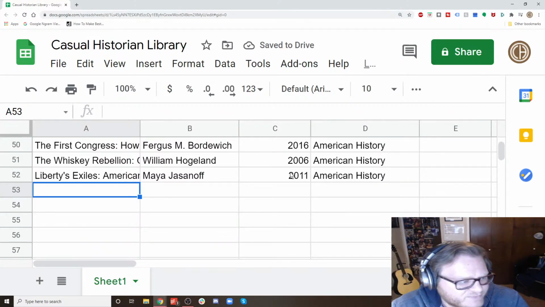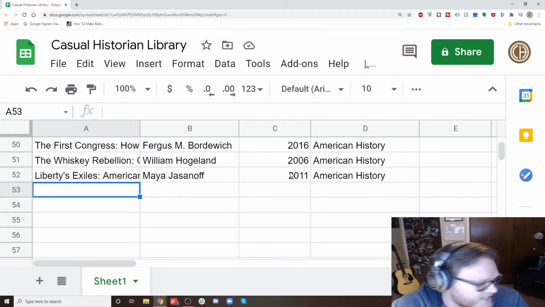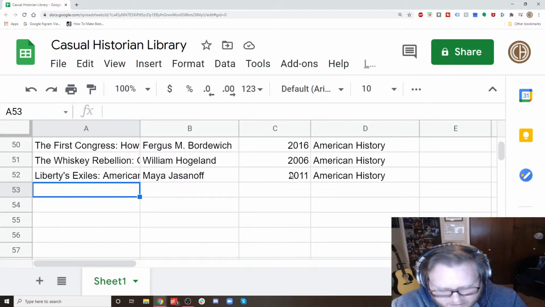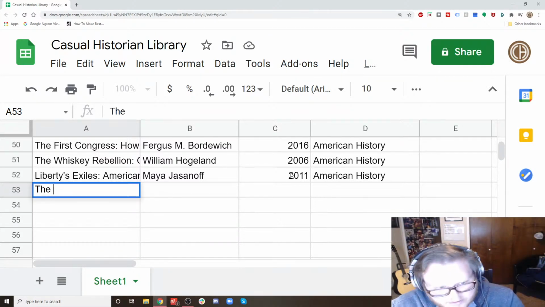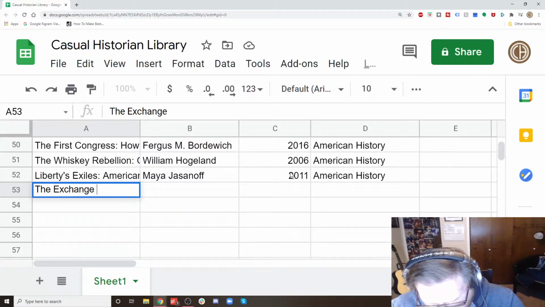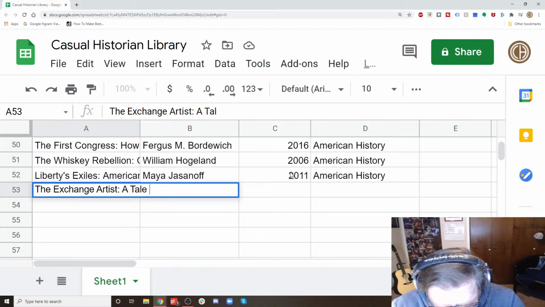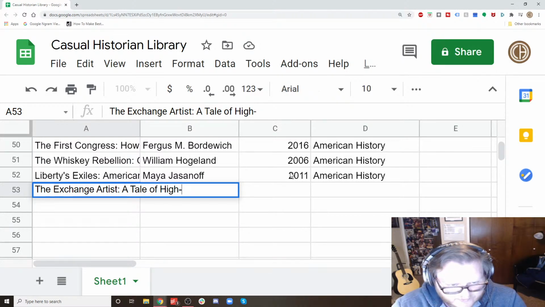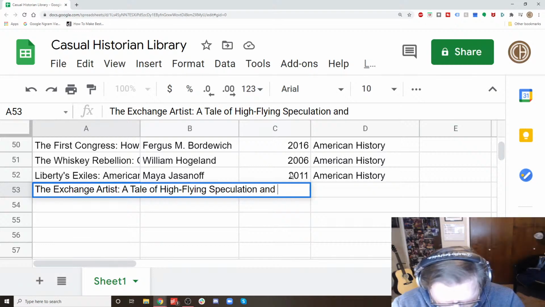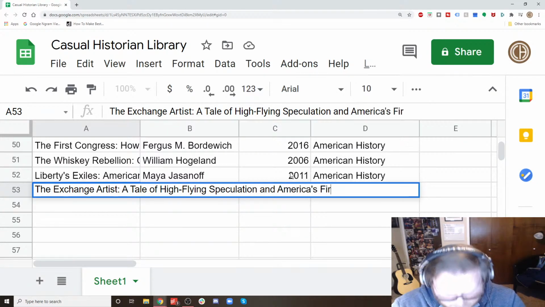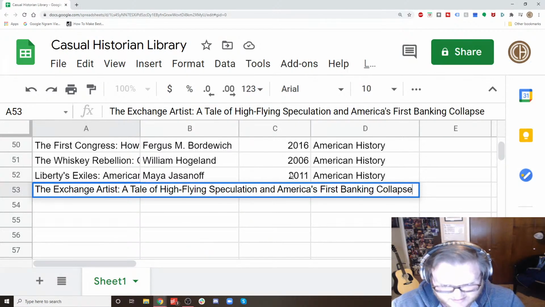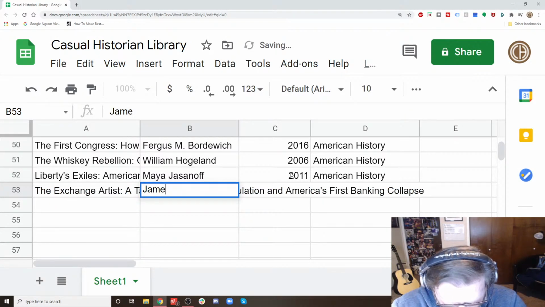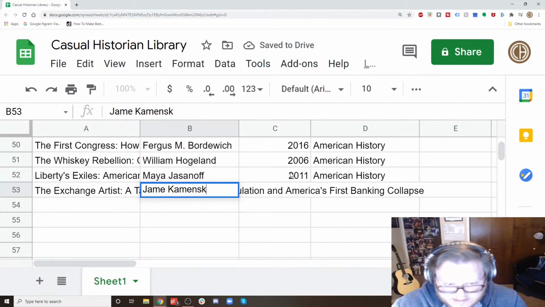And I think this is the last book we're going to be cataloging for today because I planned on ending this stream at 3. So the last book here, The Exchange Artist: A Tale of High-Flying Speculation and America's First Banking Collapse, by Jane Kamensky.